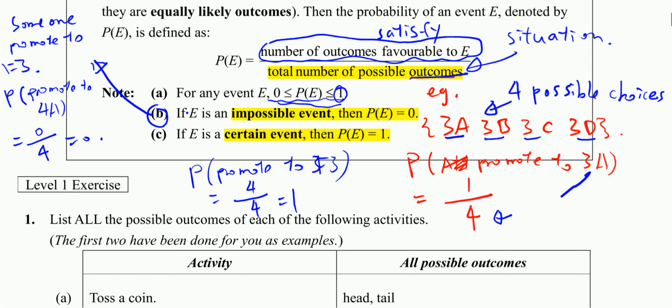Since this student's level is only Form 3, he can't attain Form 4 classes certainly. We know that this event is impossible, so the probability is 0.